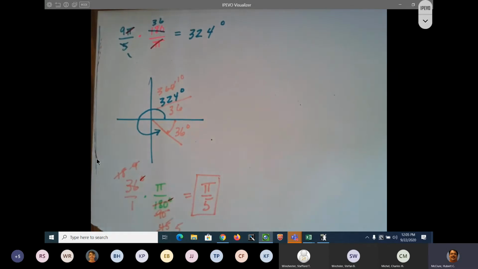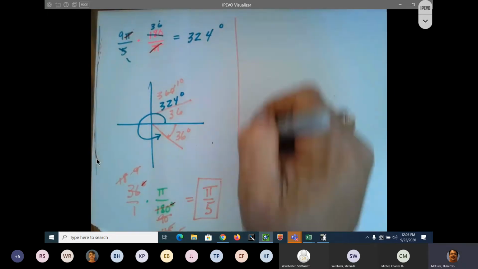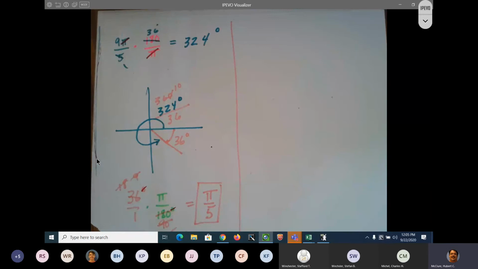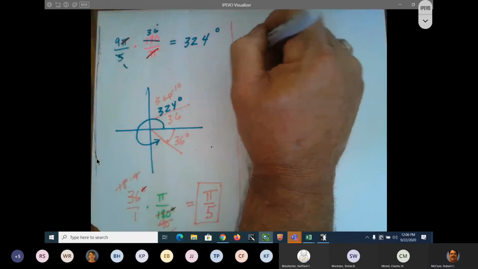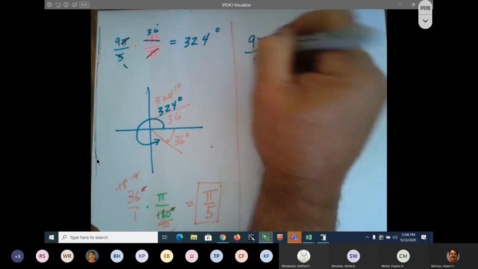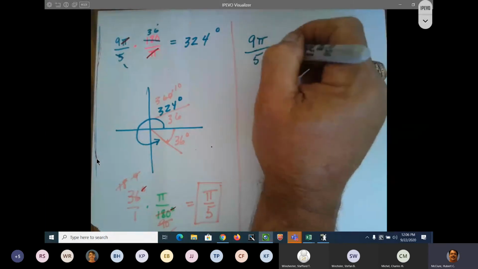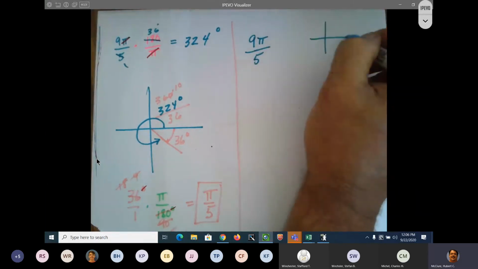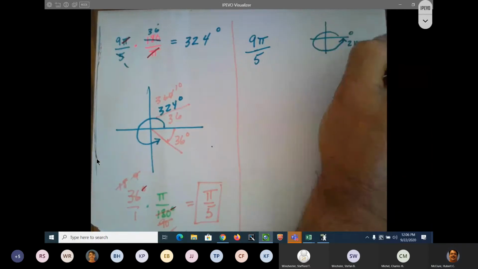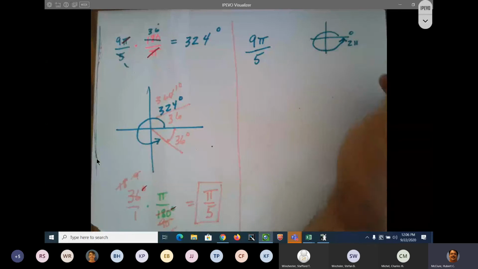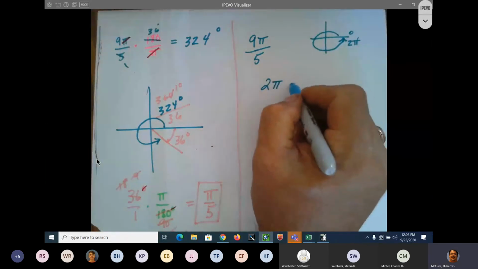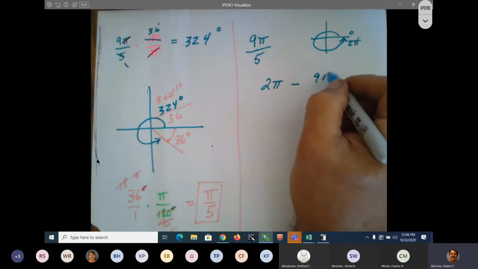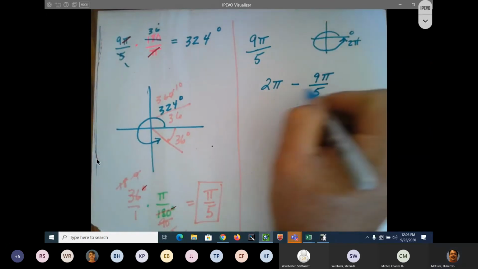Now let's do it the other way. 9 pi over 5. And we're going to subtract that, since this is 0 and 2 pi. 2 pi is 360 degrees. So 2 pi minus 9 pi over 5. And that's over 1.